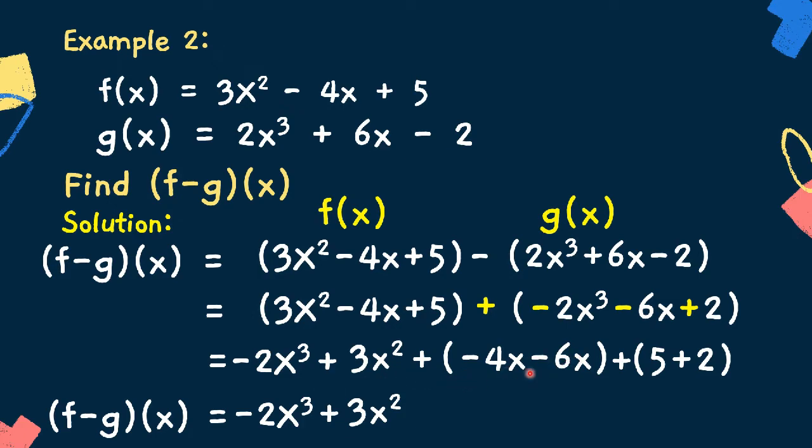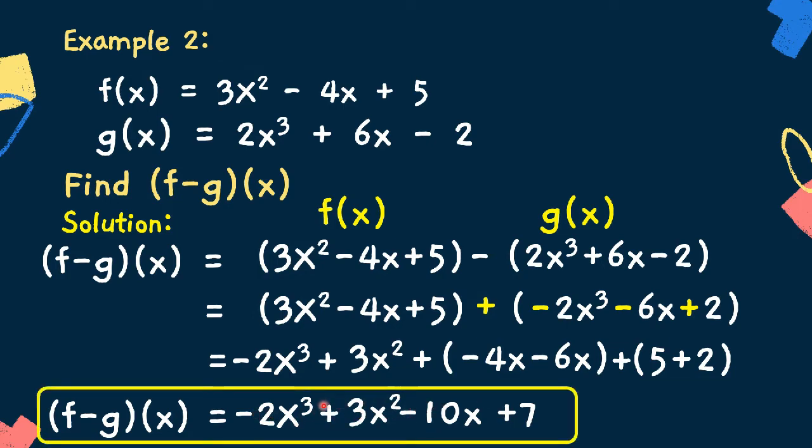Here, we simplify negative 4x minus 6x, which is equal to negative 10x. And 5 plus 2 is equal to positive 7. If there are no other like terms, we simply conclude that this is the final answer.